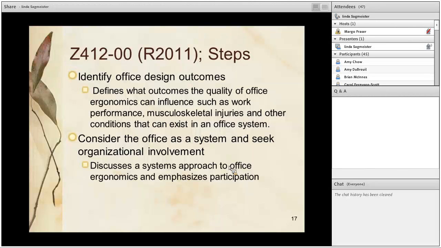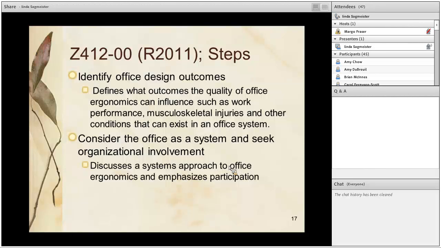It talks about trying to get the involvement of appropriate people when you're developing these things. It's got an interesting table as well, which lays it out for those people who prefer tables. It gives the groups of people that are generally present in an office system, says what those people may need in order to play their role in developing a good system, and then suggests what they need to do to fulfill those roles.